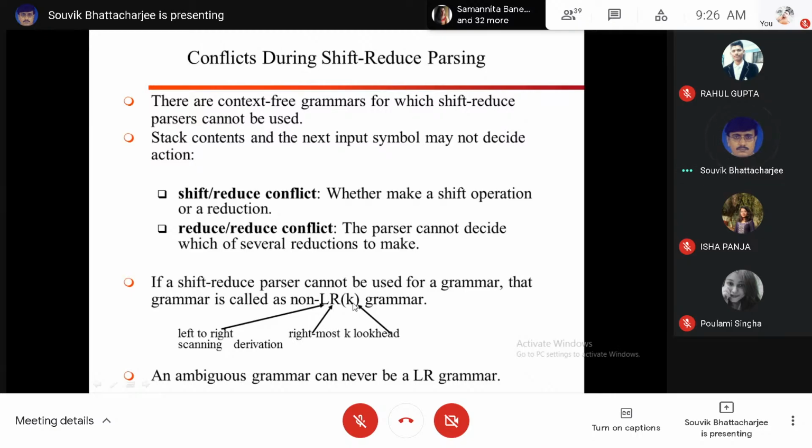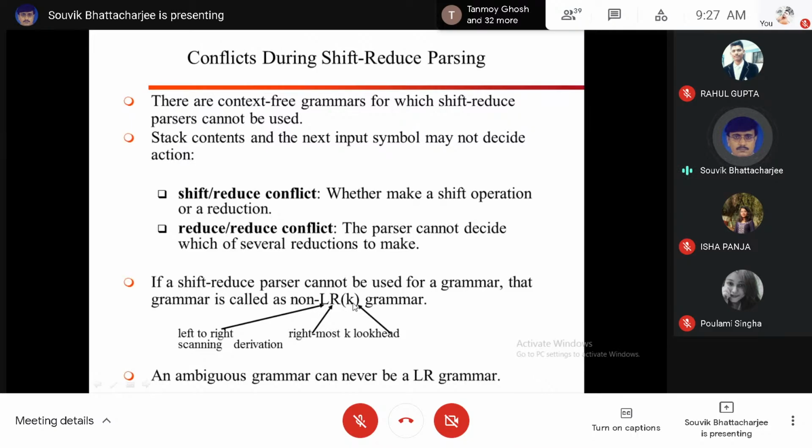Next one is the LALR grammar. That means an intermediate form of the LR parser. LALR means look ahead LR parser. These are the different categories of the LR grammar. And remember that any ambiguous grammar can never be an LR grammar. Again I am repeating: shift reduce parsers can be divided into two categories.